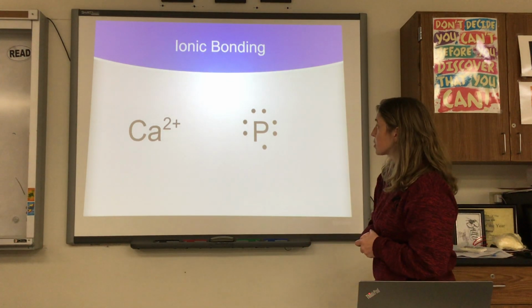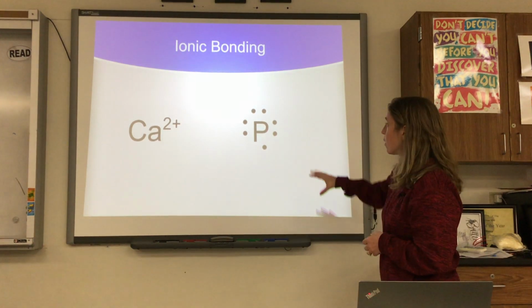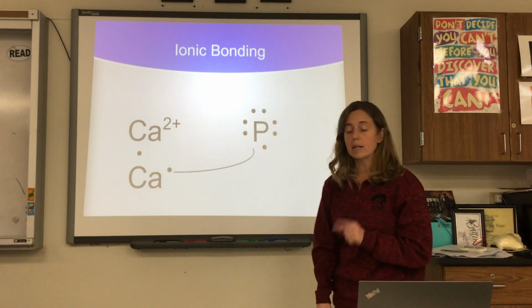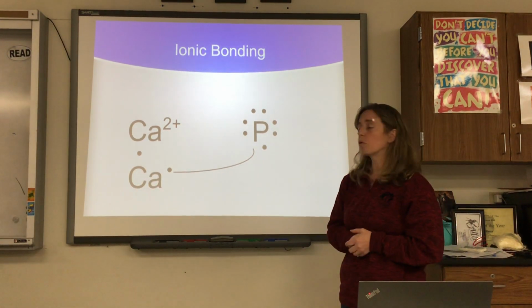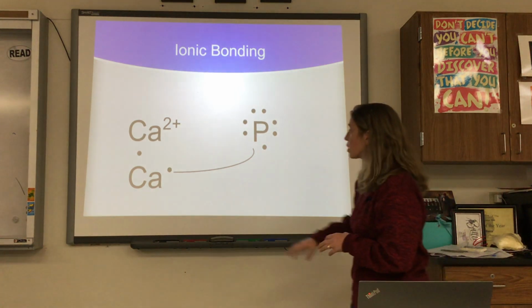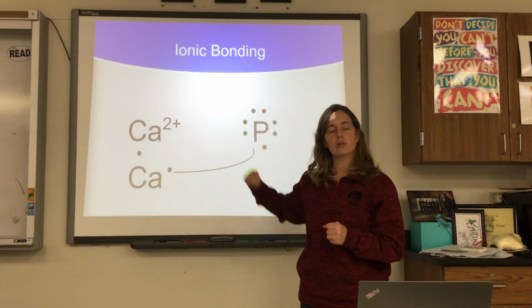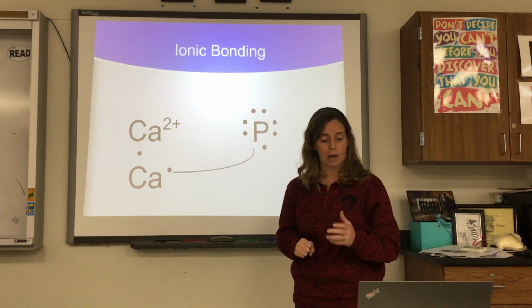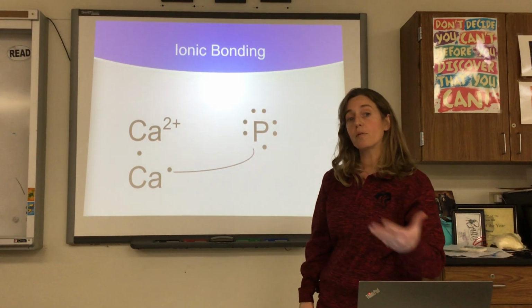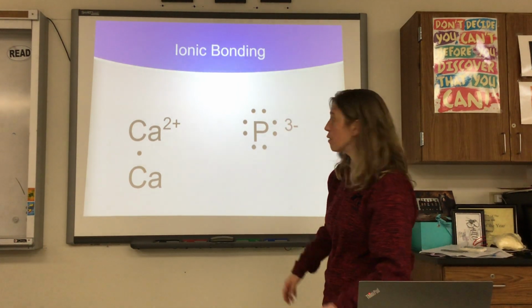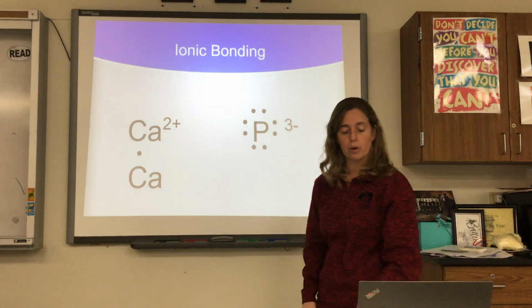And now it's going to get a +2 charge. Now, this phosphorus is going to be negatively charged, but it needs 1 more electron in order for it to be stable. So we're going to go out and find another calcium and strip that last electron it needs from that calcium, okay? So this should look familiar from the formation of cations and anions page, which you've already done, okay? Now your phosphorus has a -3 charge.